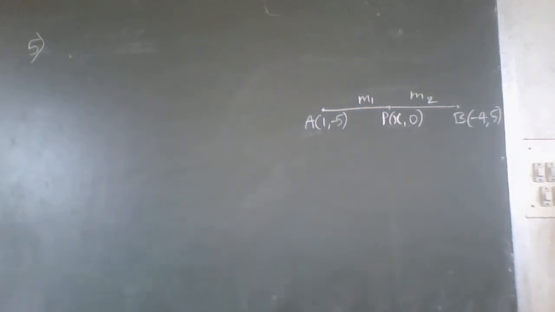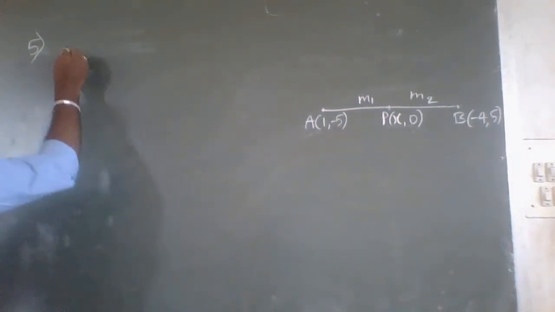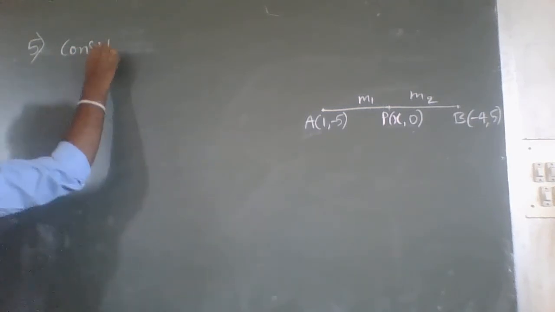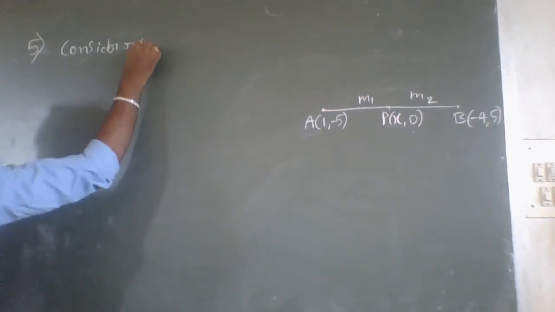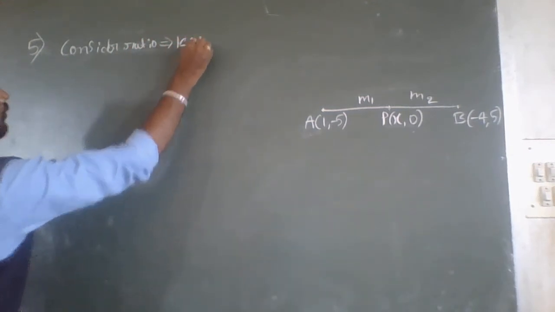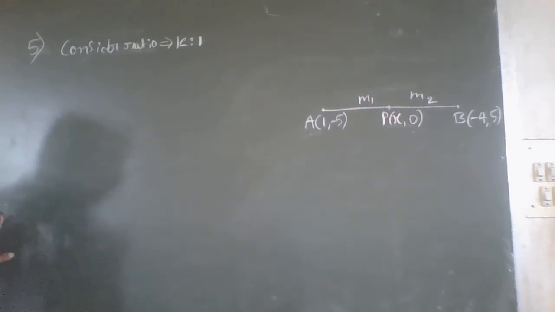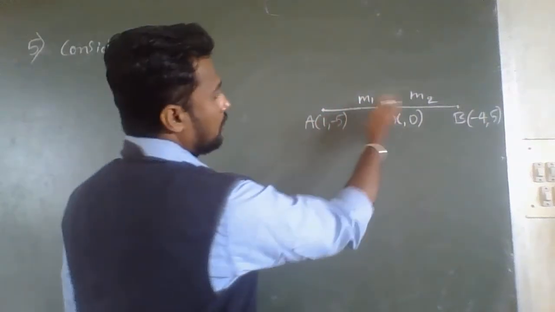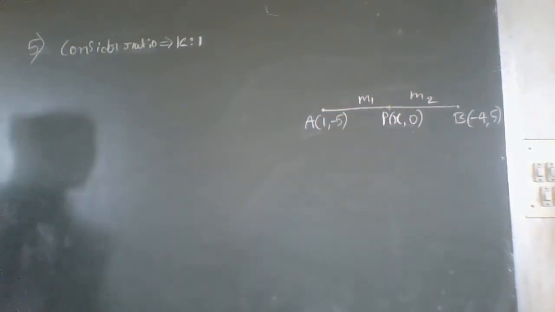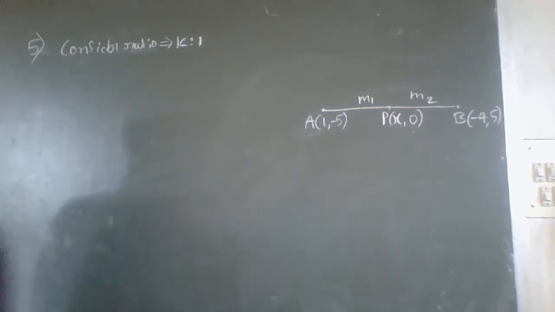So now consider the ratio like before, only k is to 1. So now we'll consider these m1 and m2 values as k is to 1, and we have the values of x1, y1 and x2, y2.